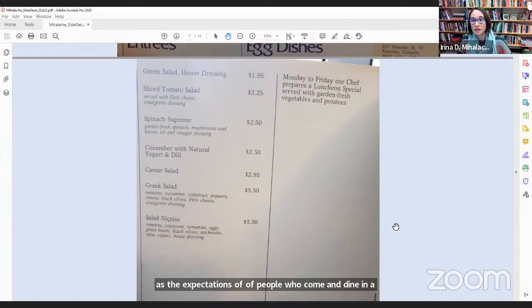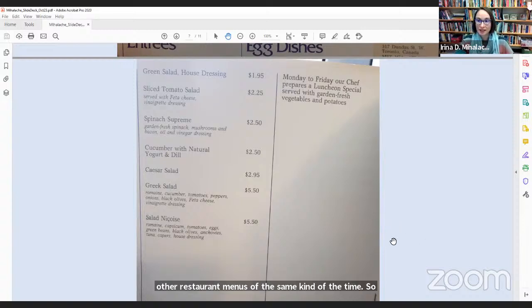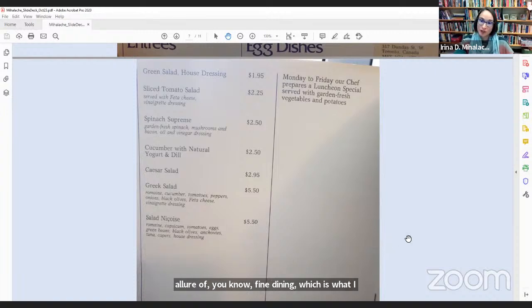So a burger is more than just a burger. It has a French sauce. The salade niçoise is also something that wasn't very common on other restaurant menus of the same kind at the time. So you see dishes that are alluding to the allure of fine dining, which is what I consider to be a bit of a translation of the curatorial experience within the restaurant.